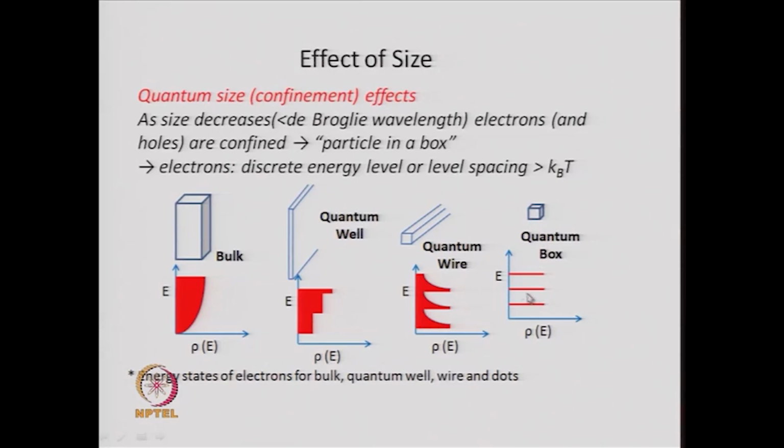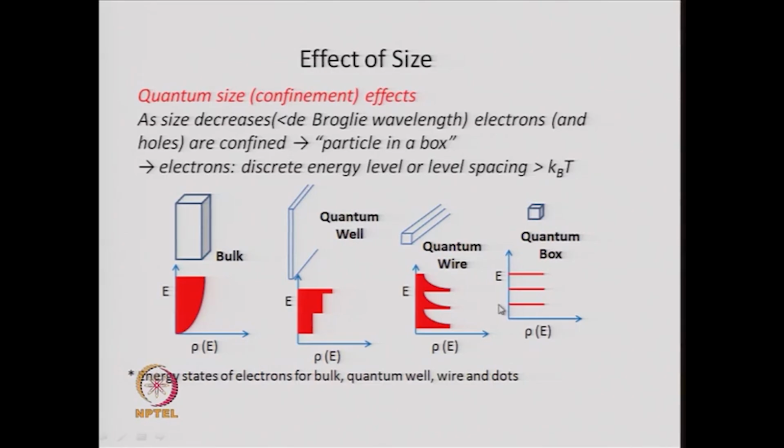So, in this case you come back to your atomic structure. The energy levels are now discrete, there is no variation of the density of states like in this case or in this case. The density of states for one particular energy is varying, but the density of states cannot change with energy continuously or even in a small band, it changes drastically.